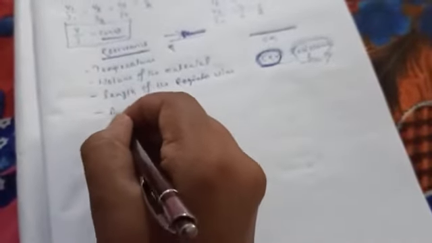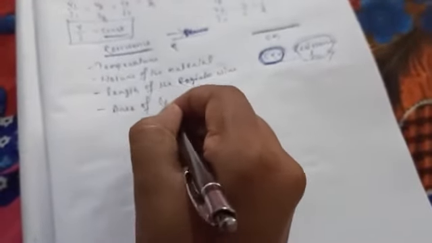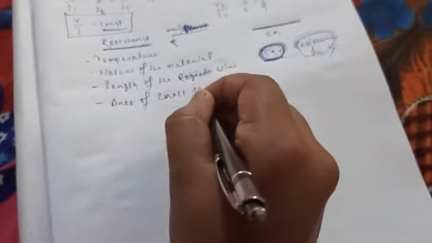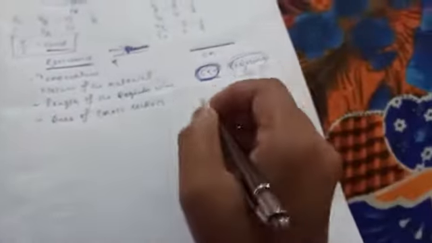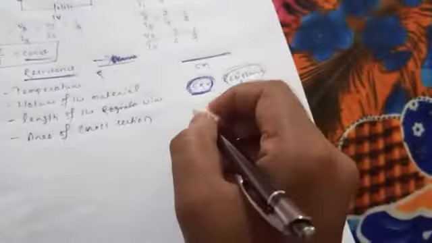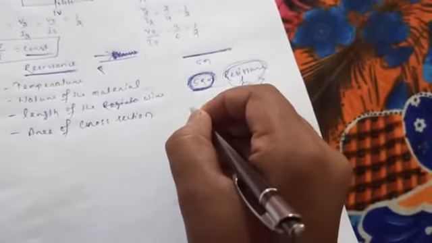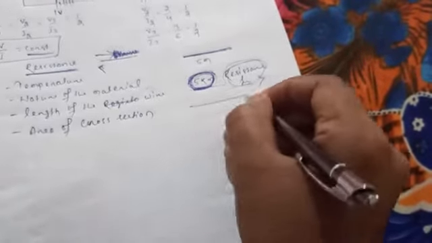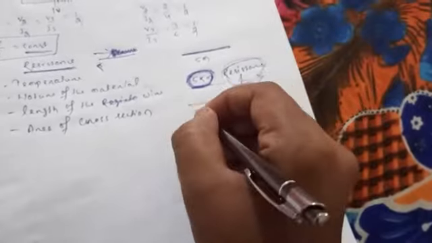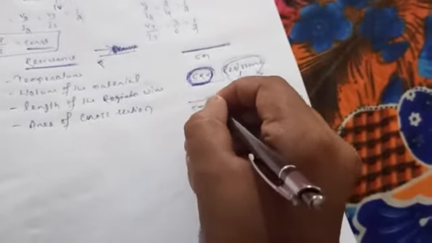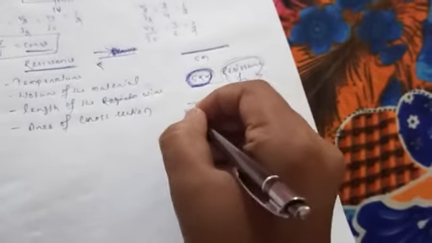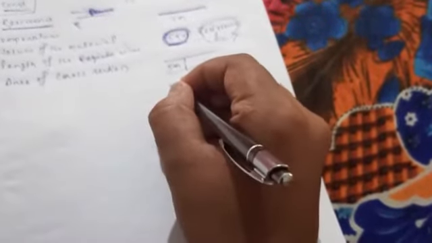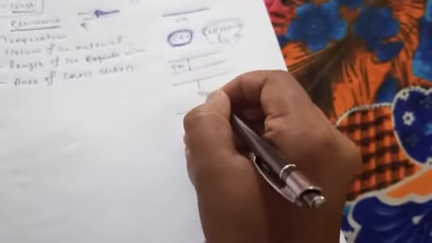Similarly, area of cross section. How? Suppose the road is a single way road, or suppose the road is 5 meters wide. If the government increases the width, suppose to 10 meters, which will be easier to travel?